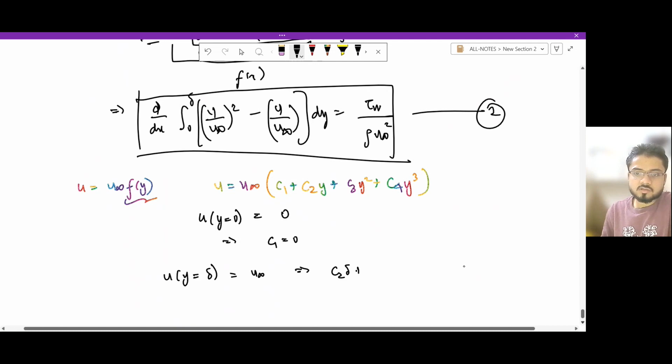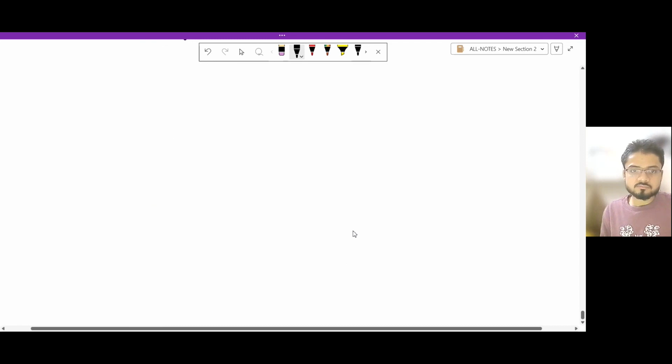So C2 delta plus C3 delta squared plus C4 delta cubed is 1. That is another thing we need to realize. And there are basically 4 constants.